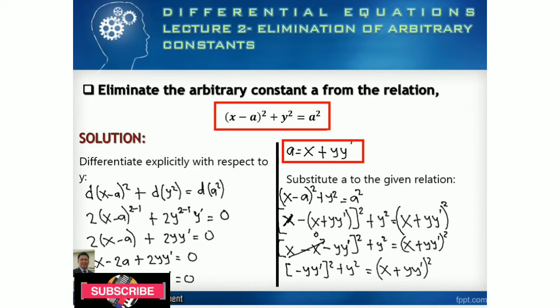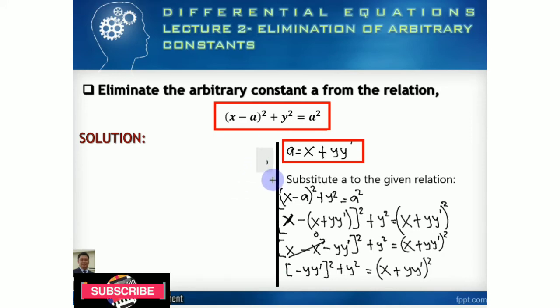So proceeding, negative 1 raised to the 2 is just positive, so this would become y squared times y prime squared, plus your y squared is equal now to x plus y prime quantity raised to the power of 2.